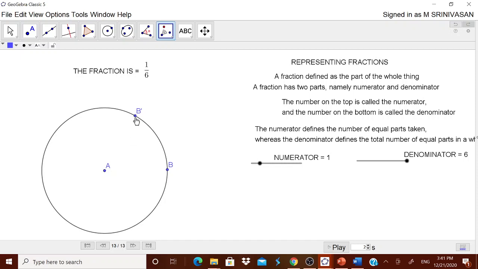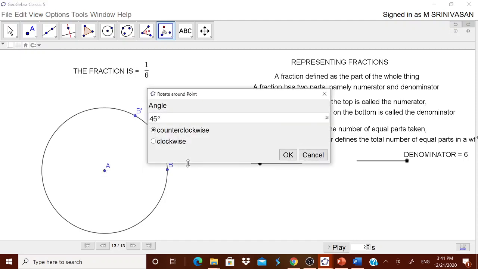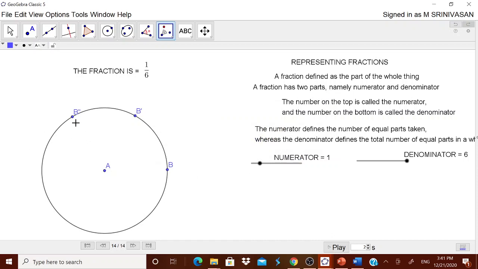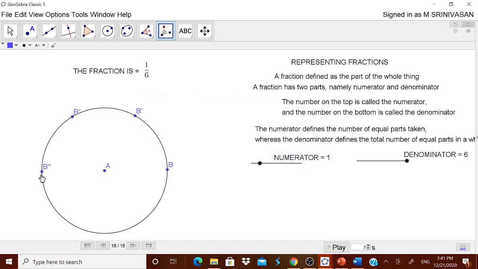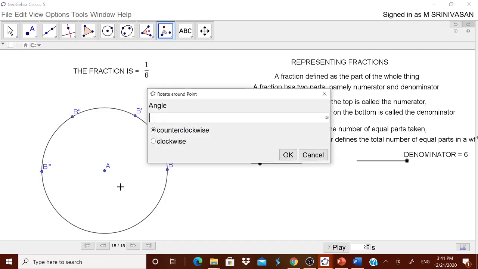Now once again you rotate this B dash with respect to A using the same 360 degrees by denominator. Again this B double dash with respect to A, once again with the same thing, 360 degrees by denominator. Once again this B triple dash with A, again the same thing, 360 degrees by denominator.